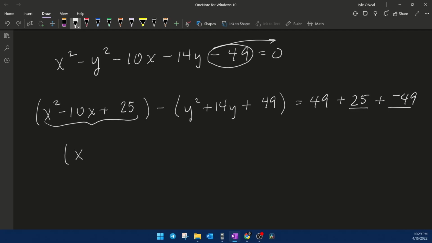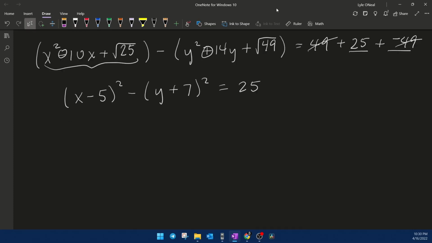That's going to give us x minus the square root of 25 is 5 squared minus y plus square root of 49 is 7 squared equals. Now over here we've got 49 minus 49. Those cancel, leaving us 25.